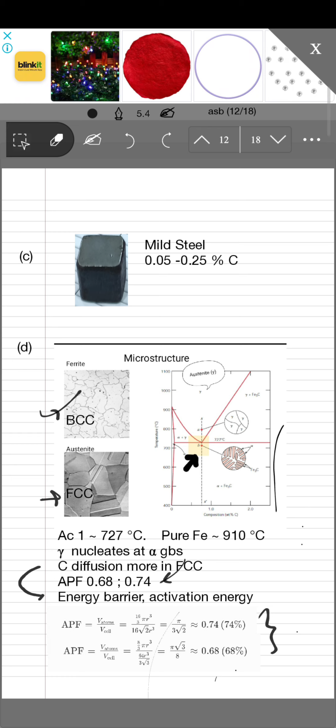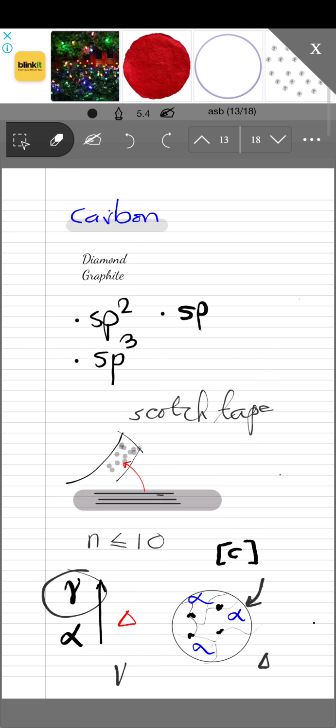Rather, we can say that the FCC phase in the form of austenite can hold more carbon compared to the ferritic phase, and this gives rise to the hardness.